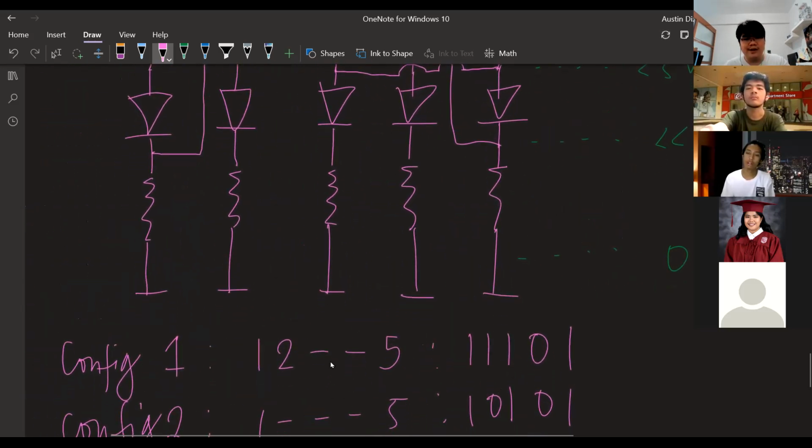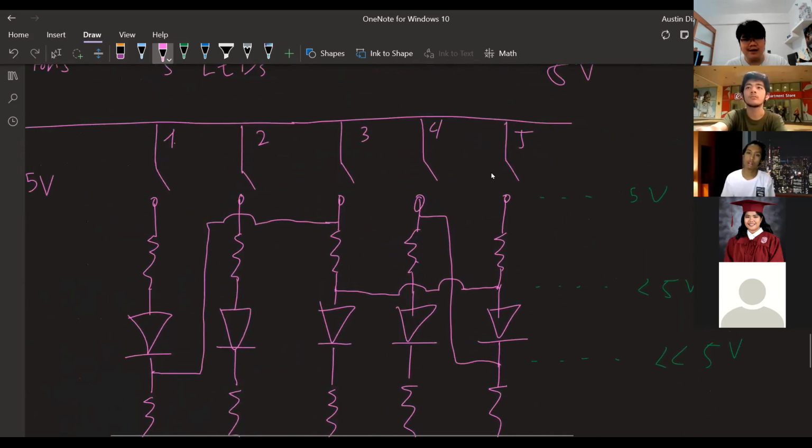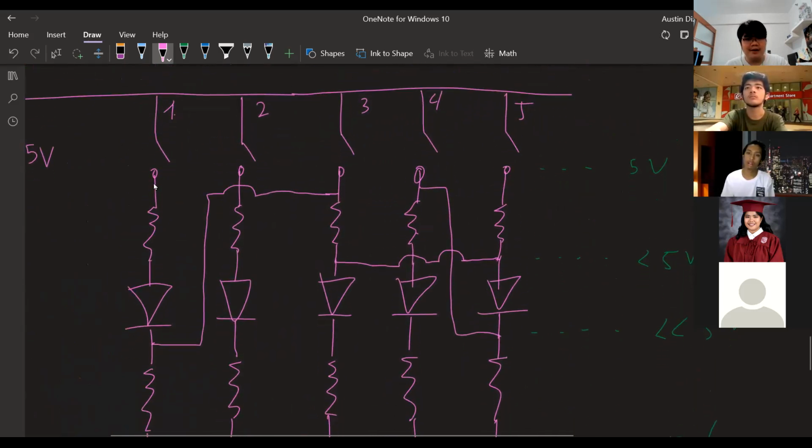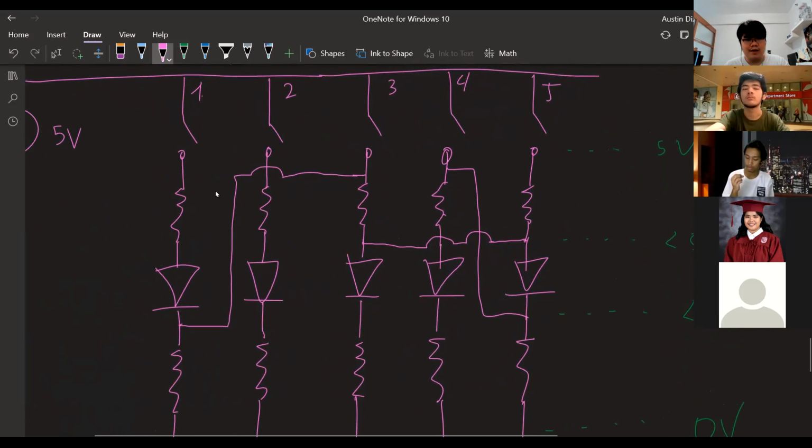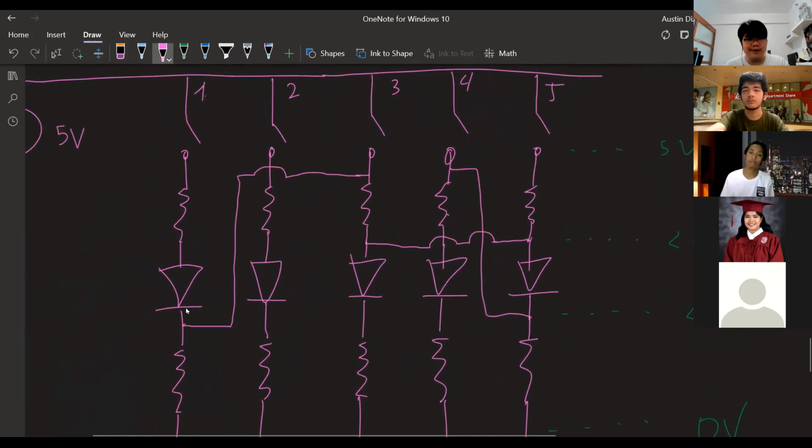Okay, let's try to press 1 and 5. Tingnan natin kung nasagot na ba yung tanong natin dyan. Pag pinress natin to, okay. Makikita nyo na yung 5 will still open the light for 3.